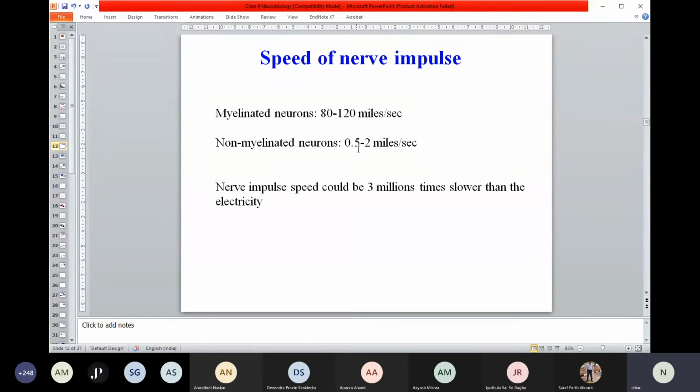Very, very slow. And if you compare the speed of nerve impulse versus the speed of electricity, it is just not comparable. Nerve impulse could be 3 million times slower than electricity. This is just to give you a rough idea of how different the speeds can be.